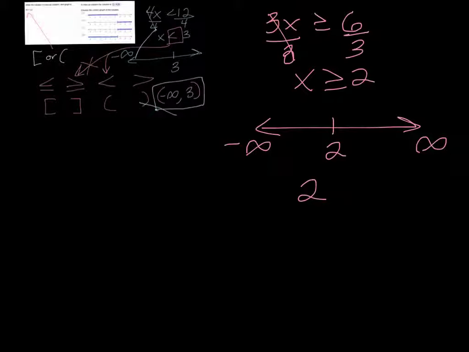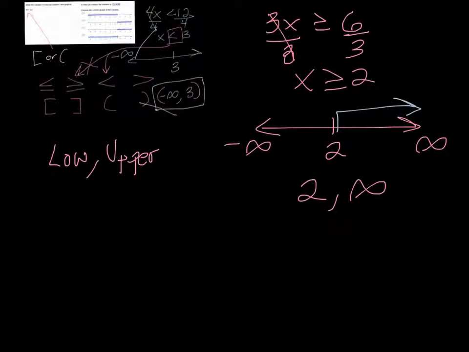X has to be greater than. So then the highest boundary is positive infinity. Okay, recall that the boundary goes lowest boundary, comma, upper boundary, right? So low, comma, upper. That's how you write your interval notation. So according to this, x is greater than 2. That makes sense, right?